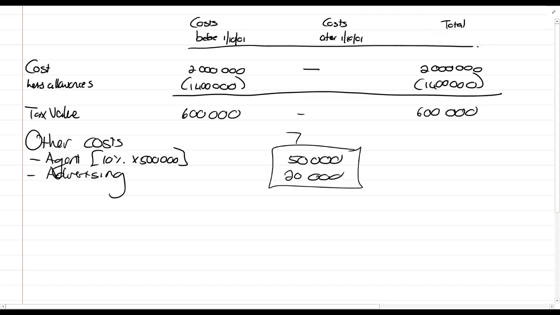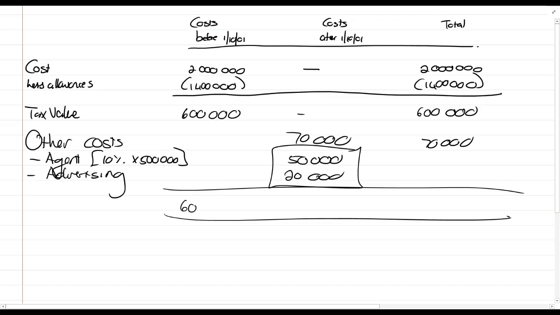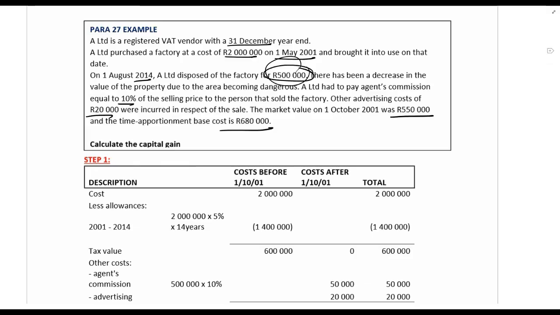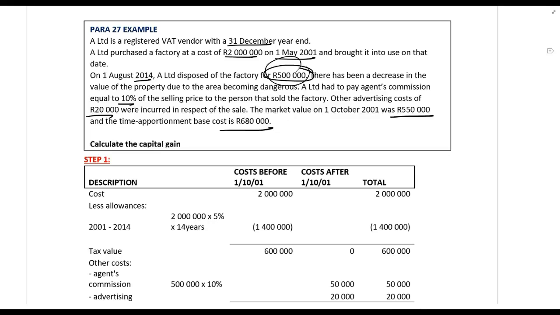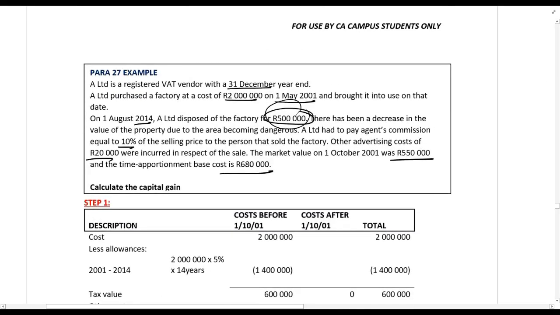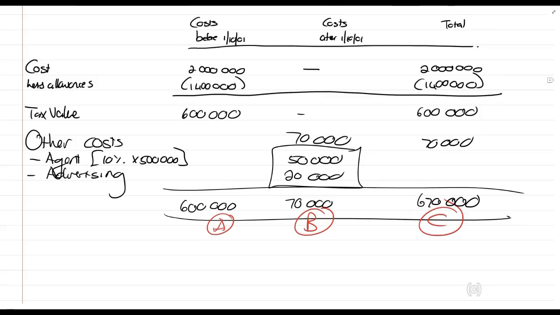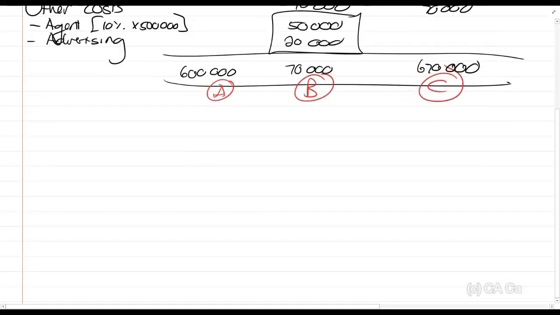So that total over there is 70,000, giving 670,000. Okay, that was step 1. So A, B, C. Our next step is now to calculate a recoupment.